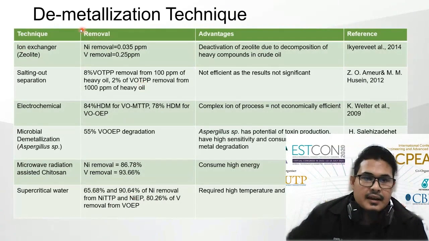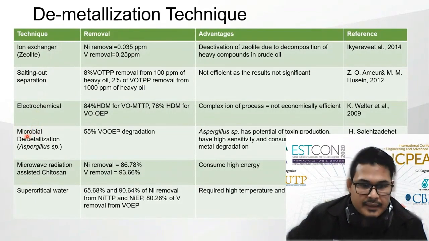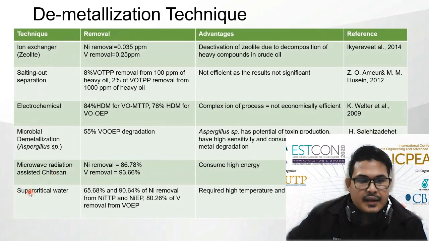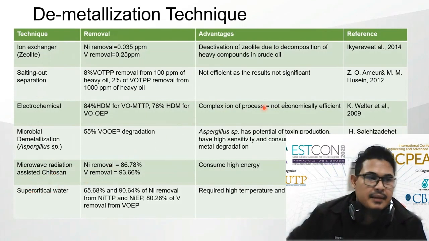So recent methods on demetallization techniques, such as ion exchange, salting out separation, electrochemical, microbial demetallization, microwave radiation assisted using chitosan, and also supercritical water, have been studied by these researchers.